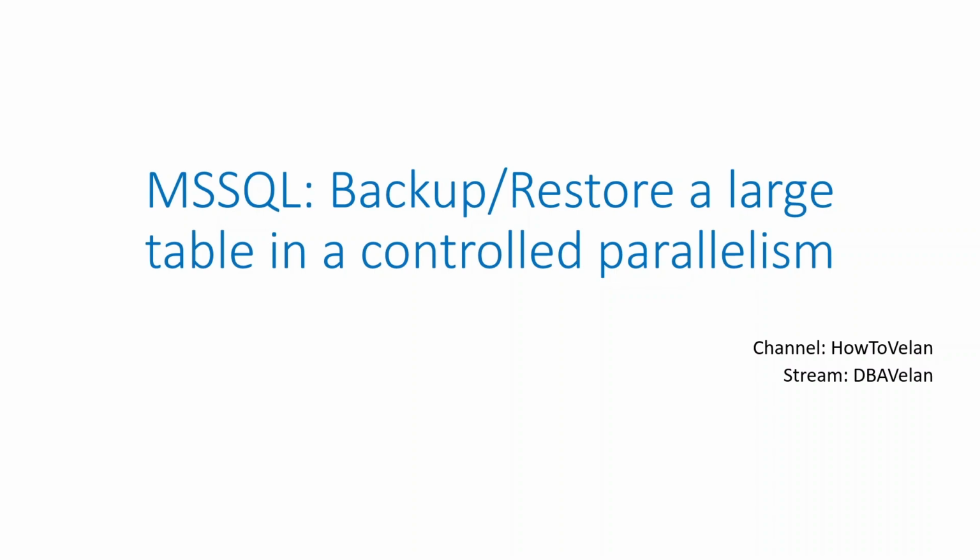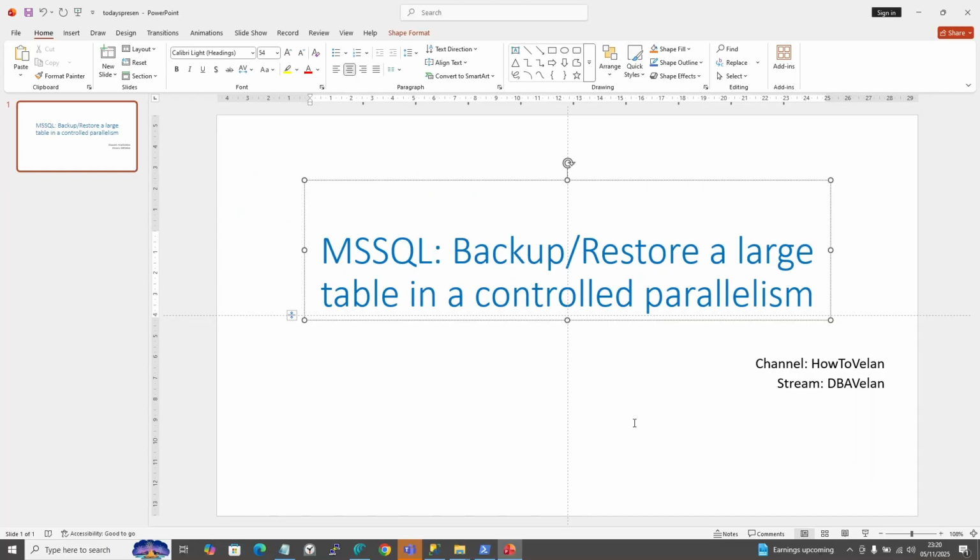For now, I'll walk you through setting up a large table and the various methods you can use to back up the table and restore it, and we will see which one performs better. Let's get started. As usual, we made our agenda clear.